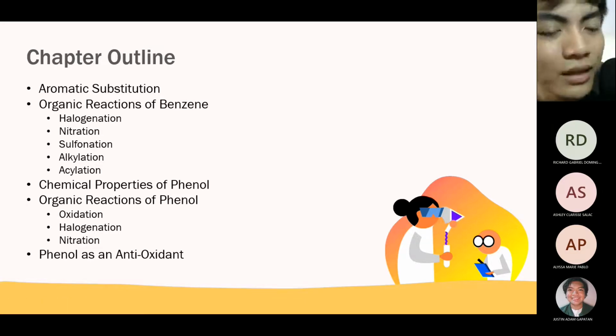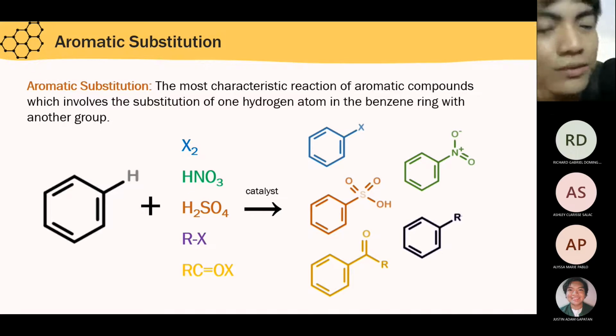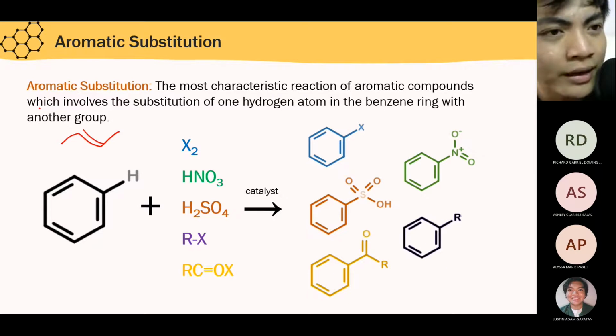So, let's begin. Di ba, sabi ko, if you have an alkene, it undergoes a specific type of reaction. Tawag natin doon addition reaction. But, sabi nga natin, yung benzene, it doesn't behave like an alkene primarily because it is aromatic.